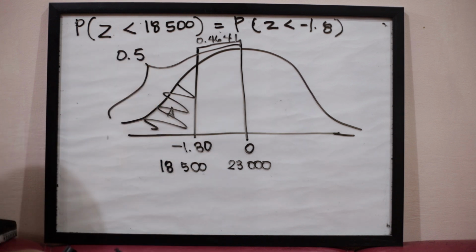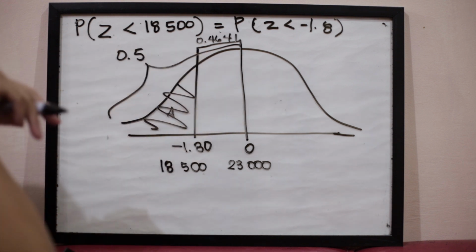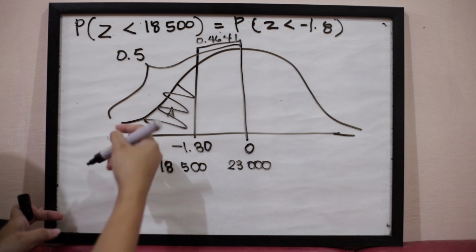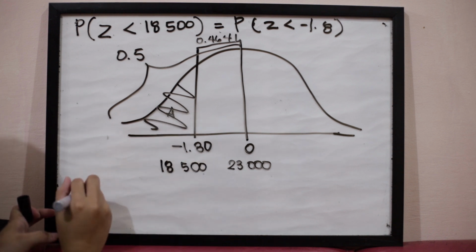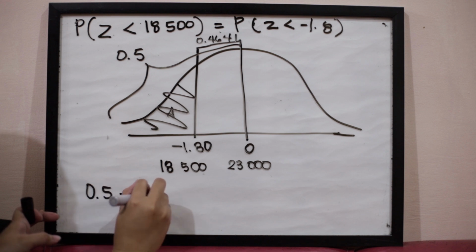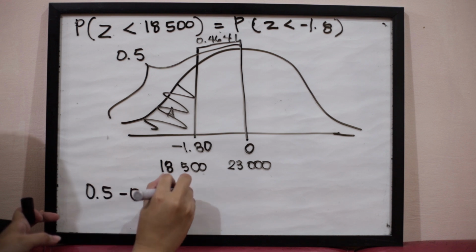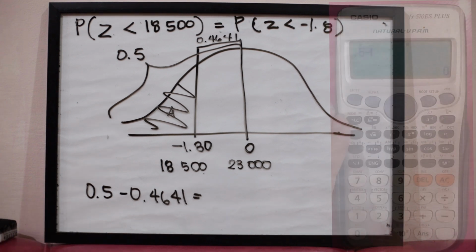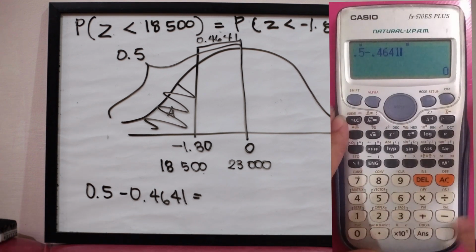So, what we're going to do is subtract 0.4641 from 0.5 to get the shaded region. So, 0.5 minus 0.4641.